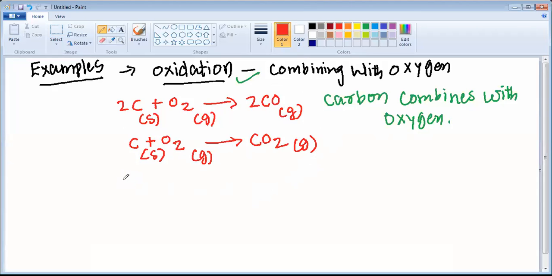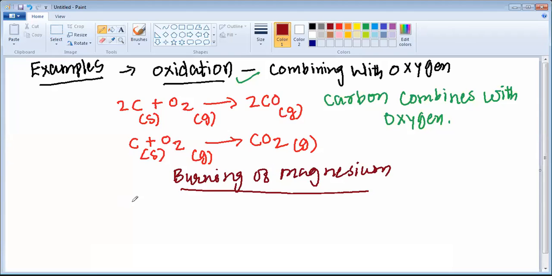Same way, my dear students, look at the burning of magnesium. That is also a combination reaction. You take 2 Mg solid, it is burned in air in the presence of oxygen gas.